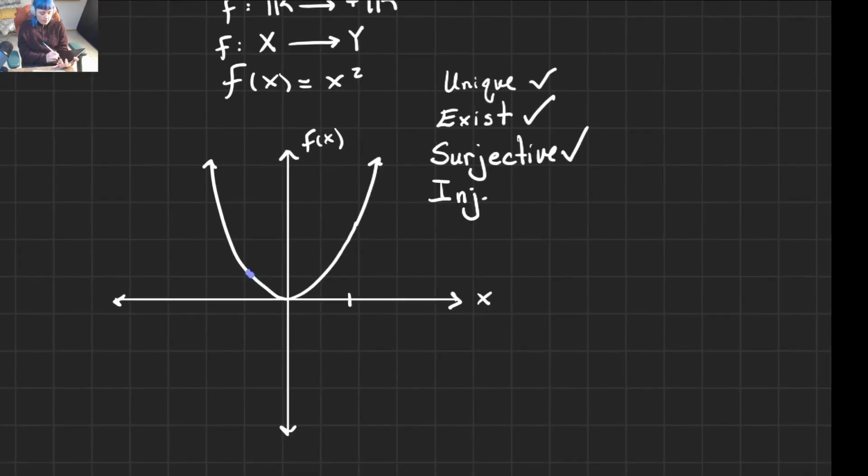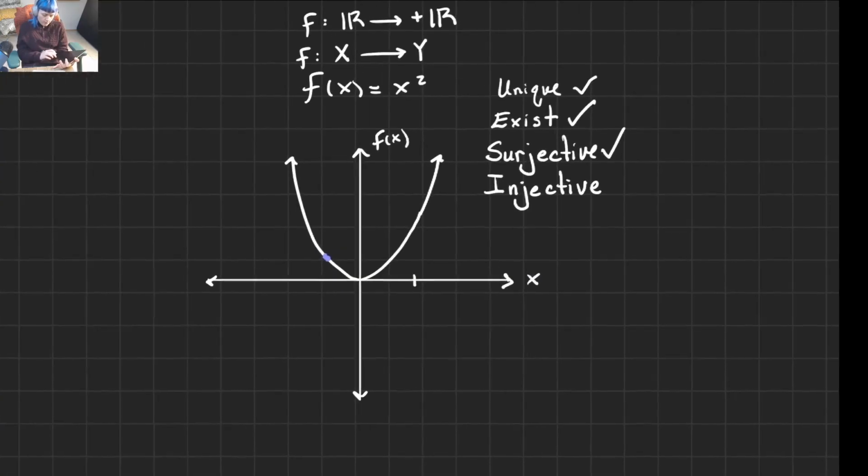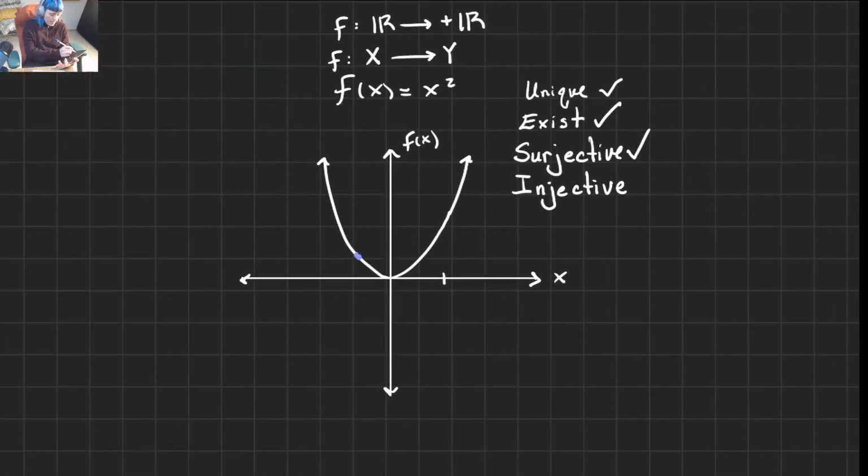So to see if this function is injective, we're quantifying over the range, and we are checking to see that one value in the range is given by one value in the domain. So we are going to take a y value, say right here, and you should see that it intersects with the graph only once.